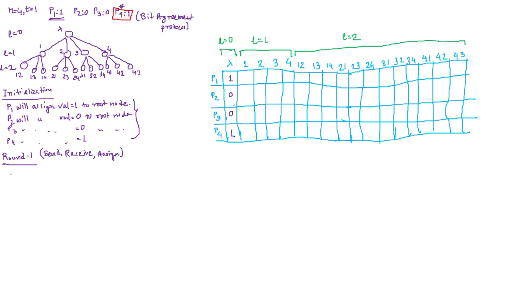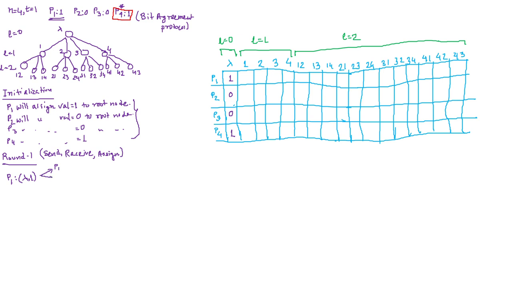Now P1 has value 1 at its node with level lambda, that is the root node. P1 will send this information to all the parties including itself.